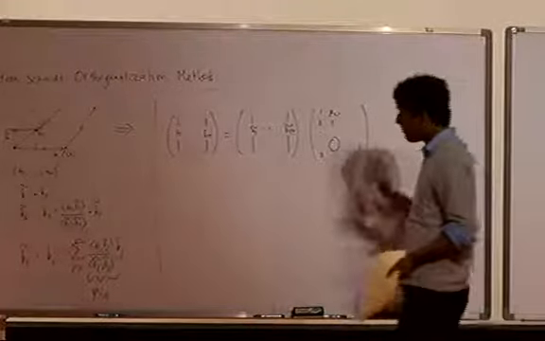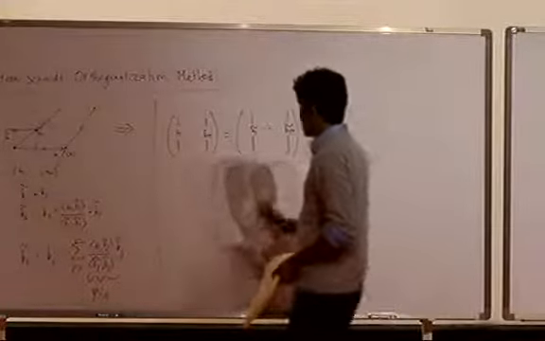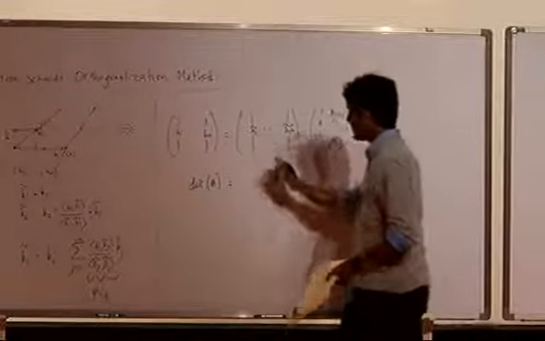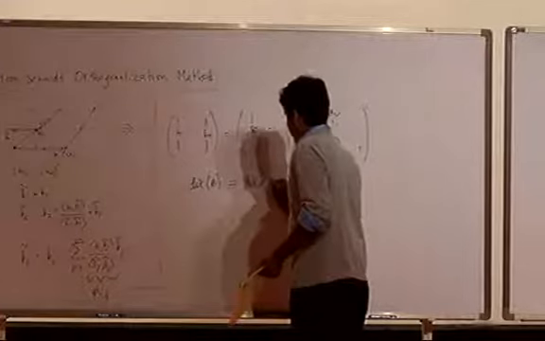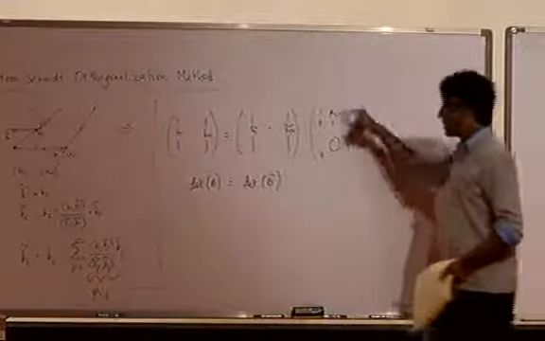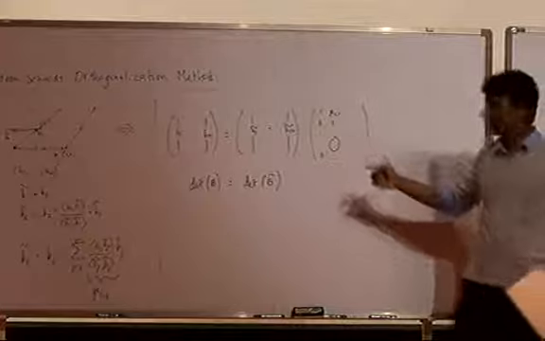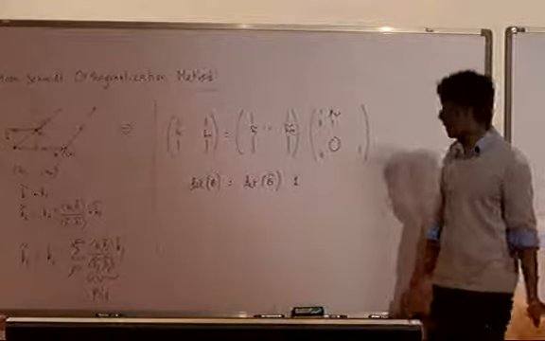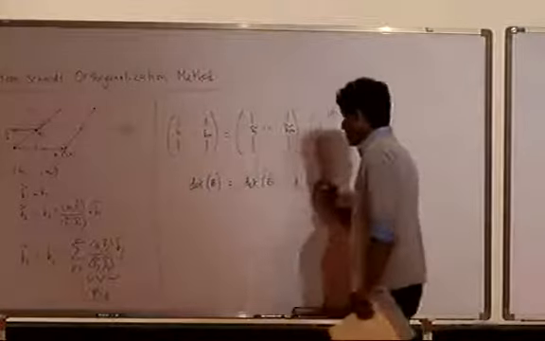This is because I just did a linear transformation to get from one basis to the other. Now this has an interesting consequence: the determinant of B is equal to the determinant of B tilde times the determinant of this matrix. But what is the determinant of this matrix? It's 1, because it's an upper triangular matrix with diagonal 1. Now what is the determinant of B tilde?